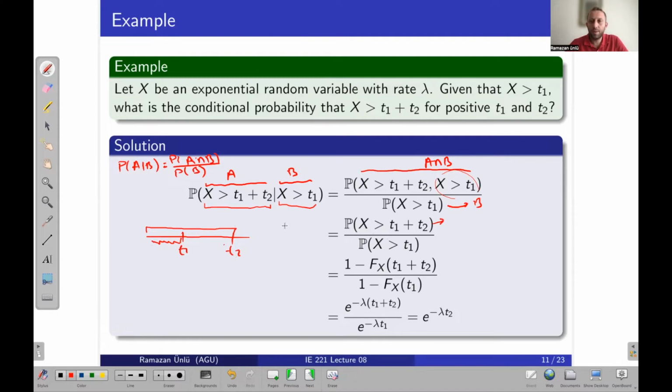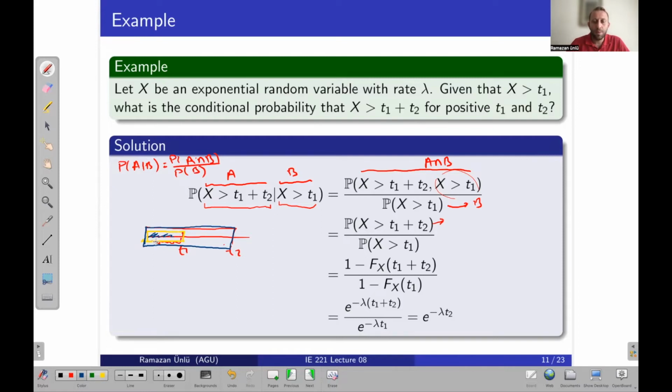You can think that this is an event, and that is another event. You can think that the intersection of these two events is this one, but that's not correct, right? Because the intersection means that there should be some common points between those events.